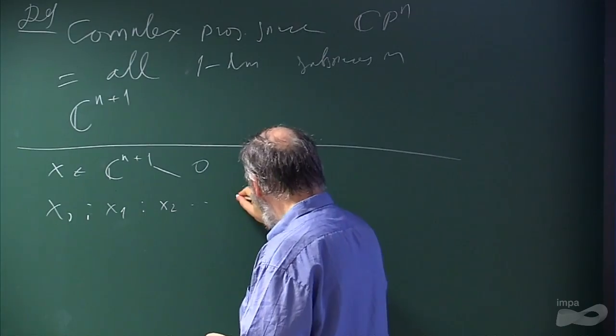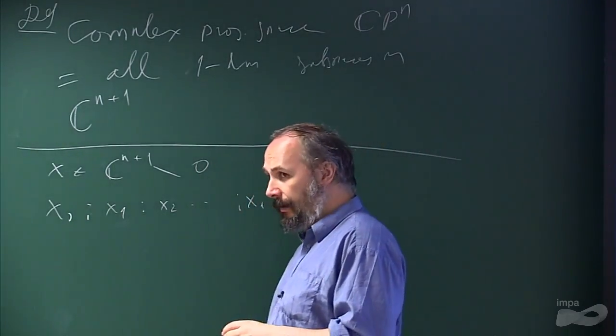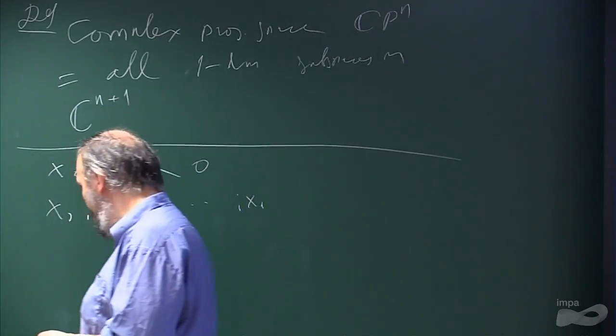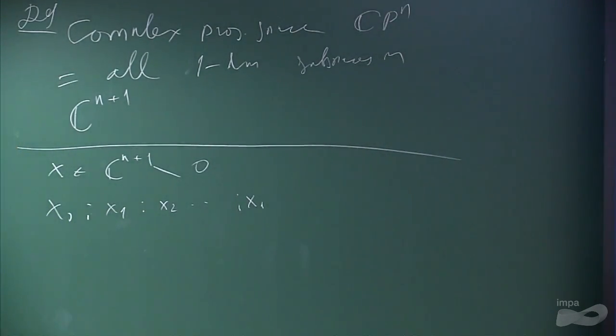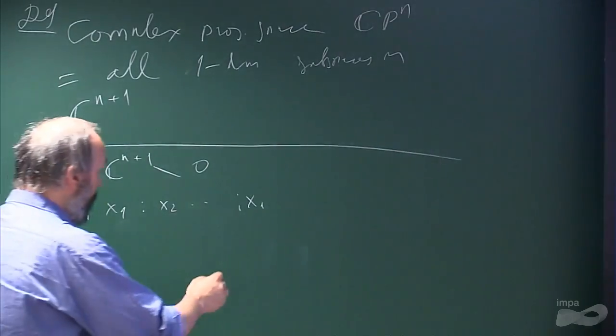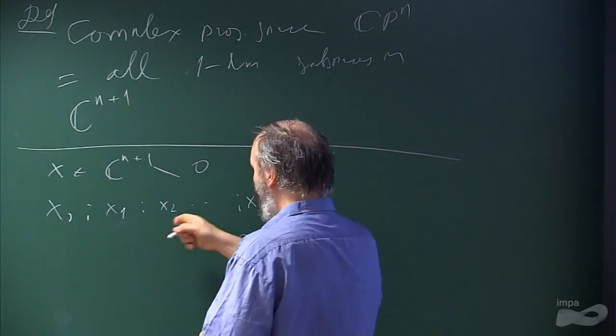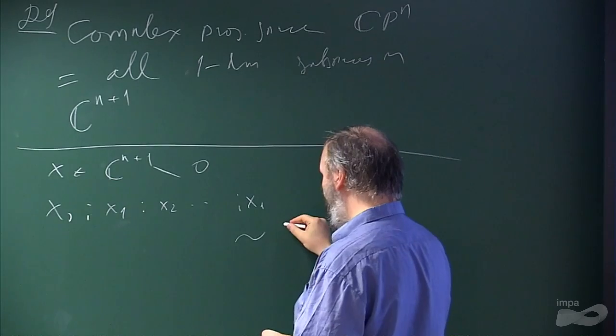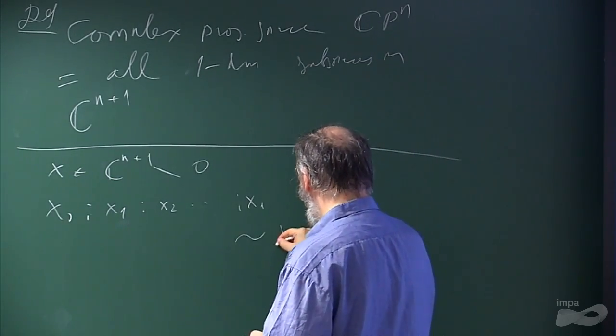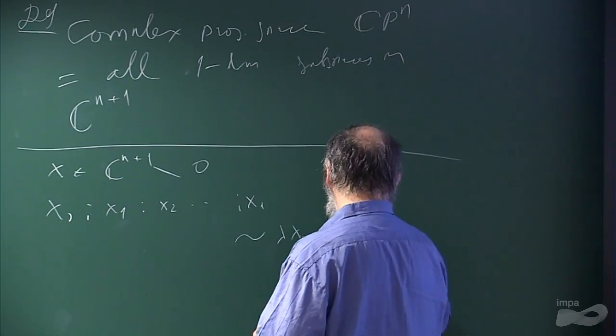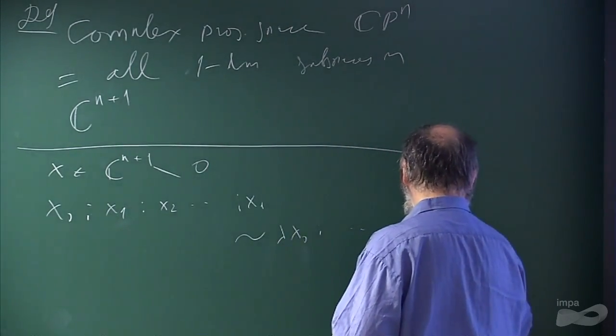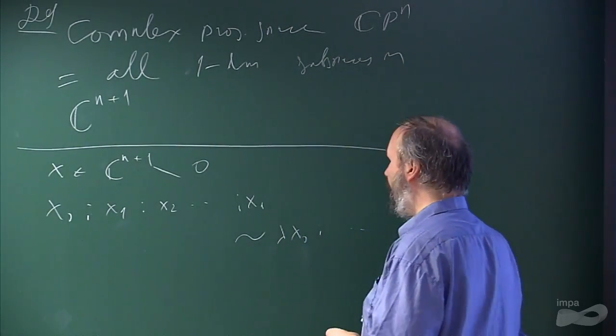And the colons here denote that it is defined up to a multiplication by a scalar, in the sense that one of them is non-zero, and then this is equivalent to lambda x0 : lambda x1, and so on, lambda xn.